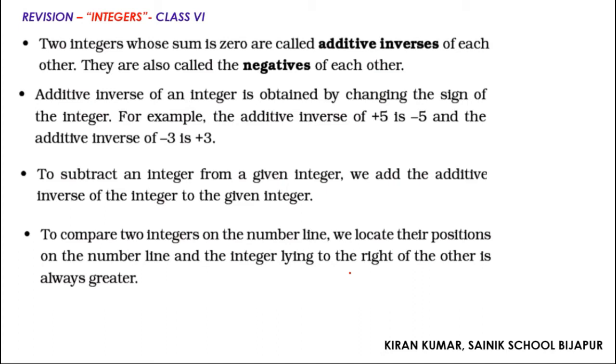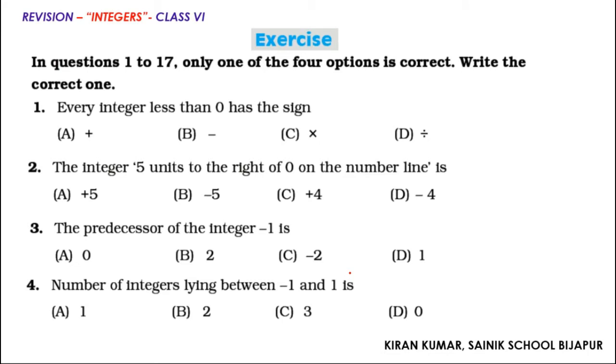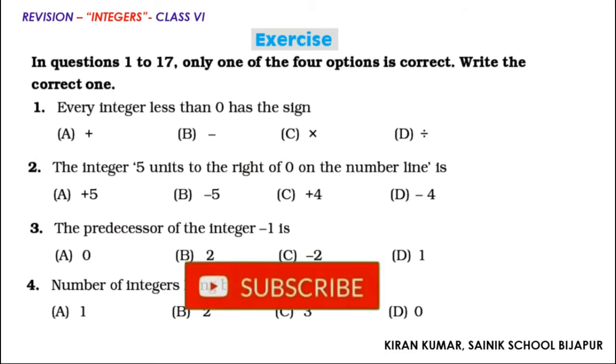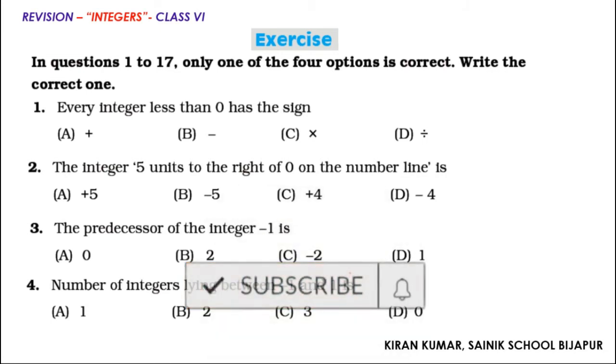With these key points, we shall take up exercise questions and we shall solve them. First, we have questions from 1 to 17. They have got 4 options. One of them is correct. We need to identify the correct one.